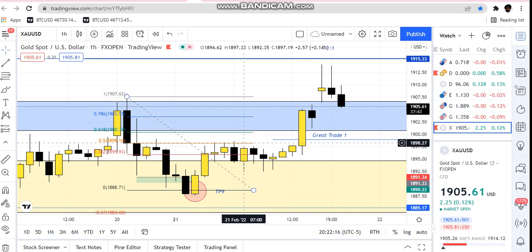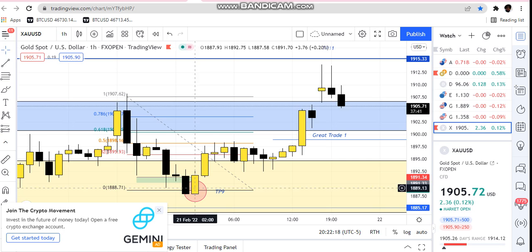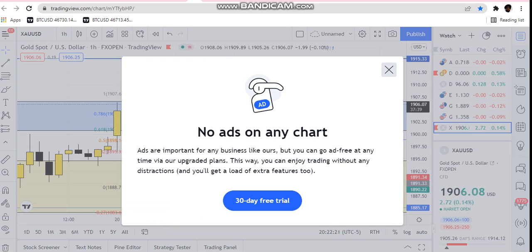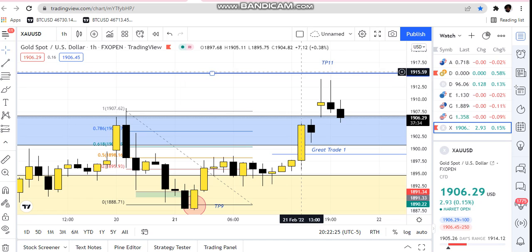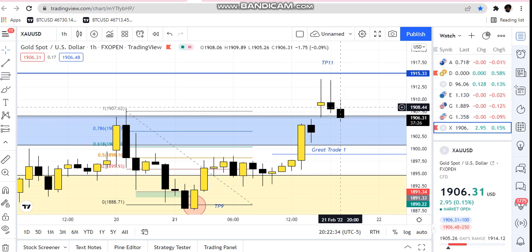Price consolidates at 0.5, 0.382 Fibonacci, and then eventually goes all the way up to 1914, almost to take profit 11. Then price shows us one of our candlestick patterns that will appear at the top of an uptrend, letting us know that price is reversing. So this is a tweezer top pattern.